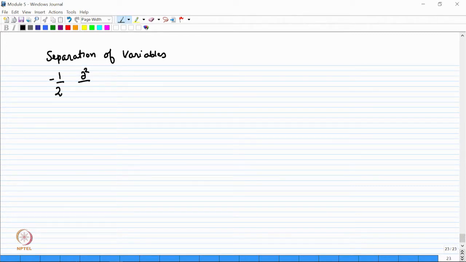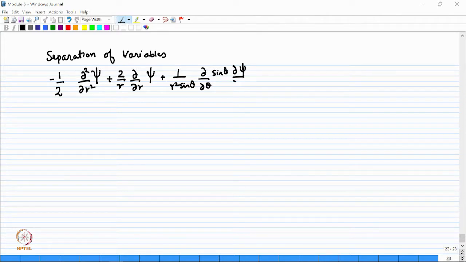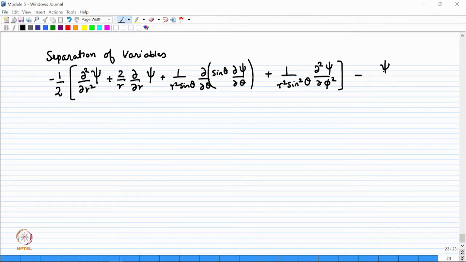Okay, so it is dou square by dou r square of psi, plus 2 by r dou by dou r of psi, plus 1 over r square sin theta dou by dou theta of sin theta dou psi by dou theta, plus 1 over r square sin square theta dou square psi by dou phi square, minus psi by r is equal to E psi.